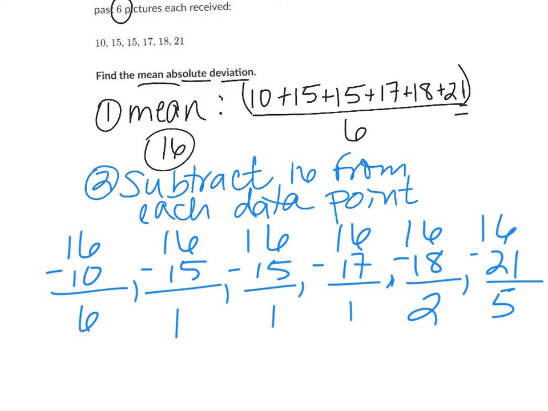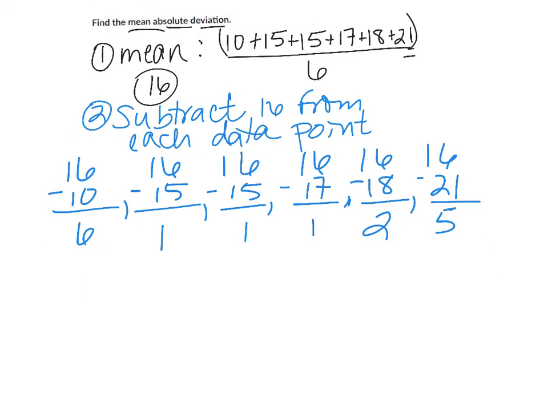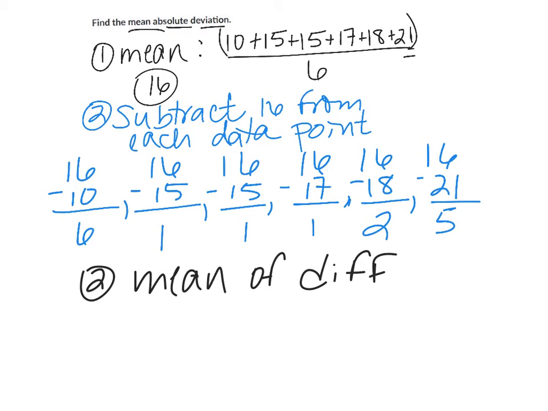Okay, and then my third step is to find the mean again. So you're going to find the mean twice. Now I'm going to find the mean of my differences, or the deviations, if you want to talk fancy statistics talk.